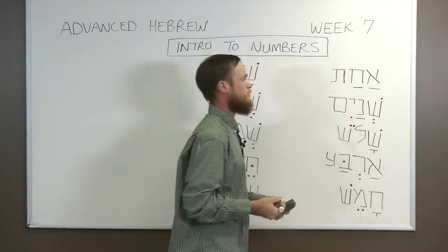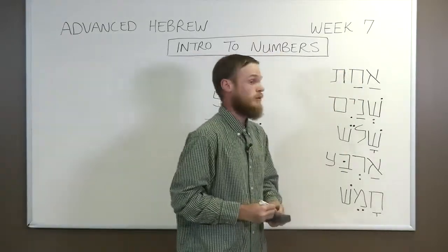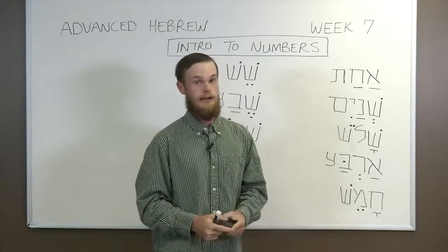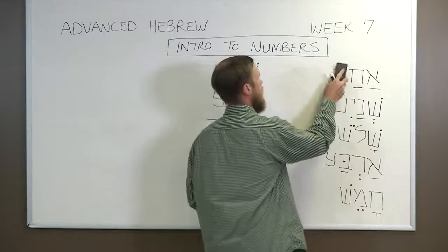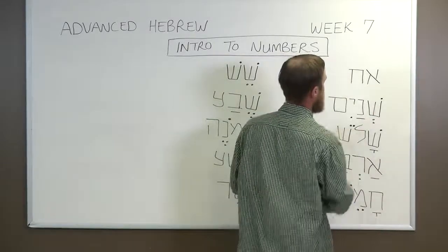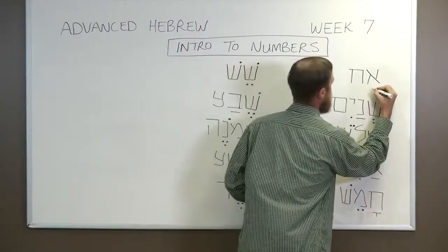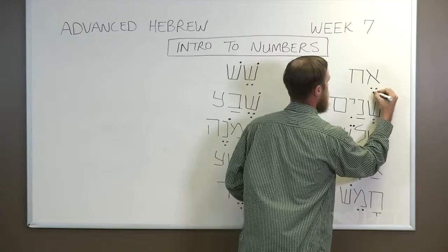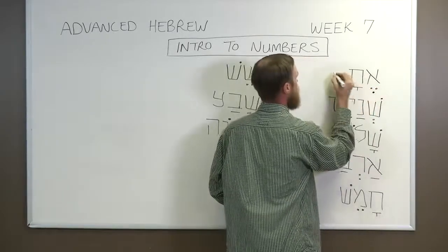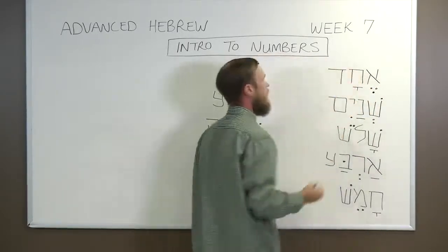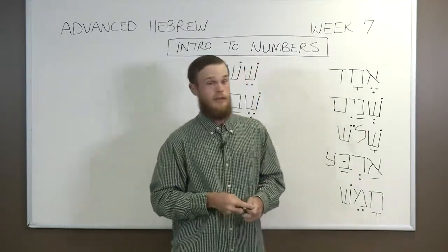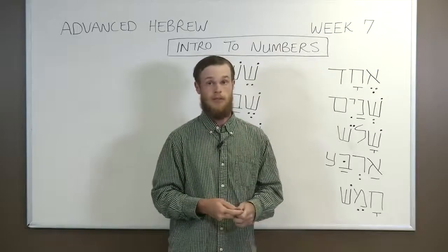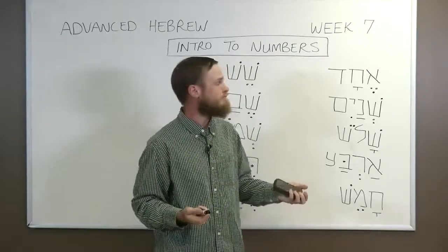So isha achat would be one woman. Ish echad, isha achat. That's how we use the number 1 in its adjective form. It must match gender. It already matches number because we can only use it with a singular object, right?